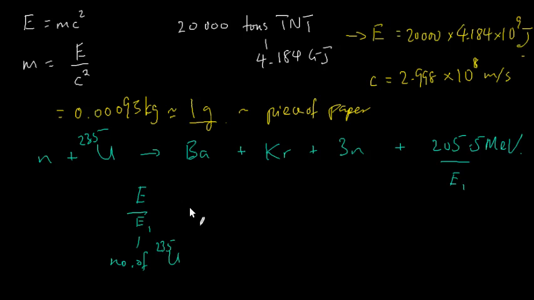Then if I want to find the mass of the uranium atoms, I can multiply this by the mass of each atom. The mass of each atom is 235 times the atomic mass unit u.